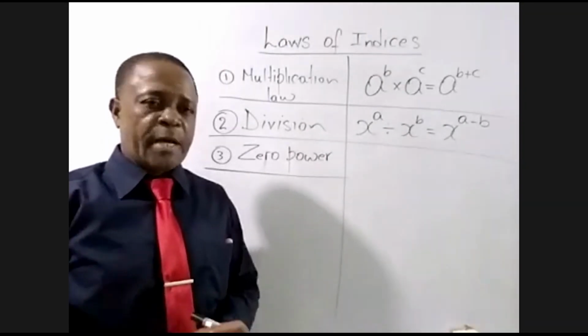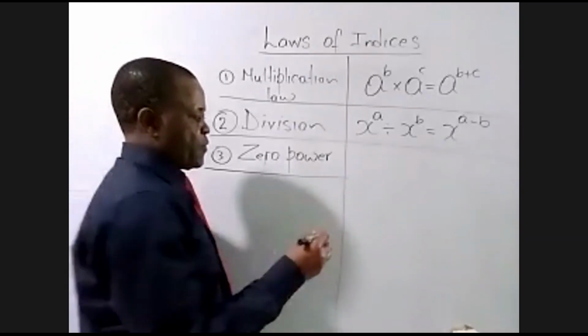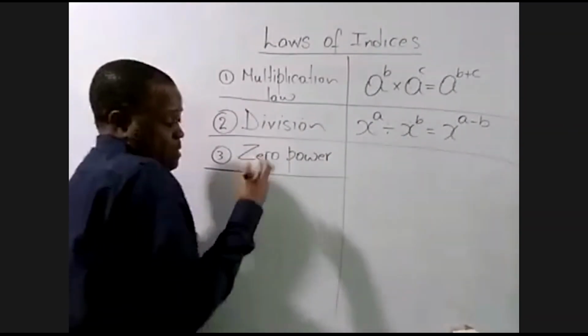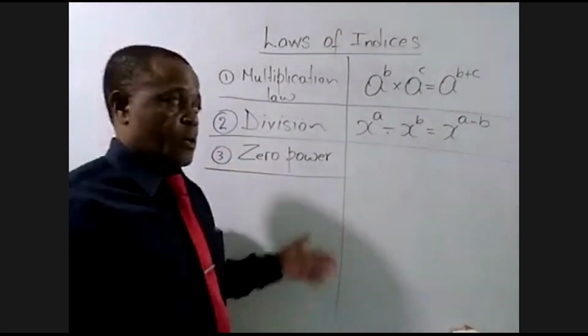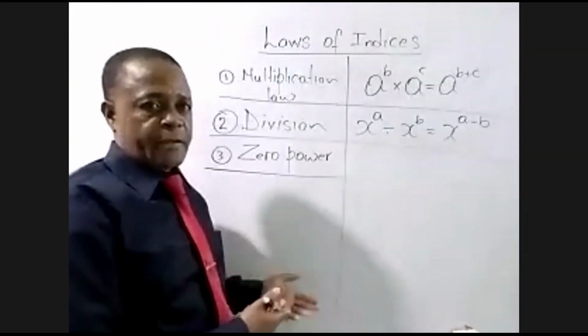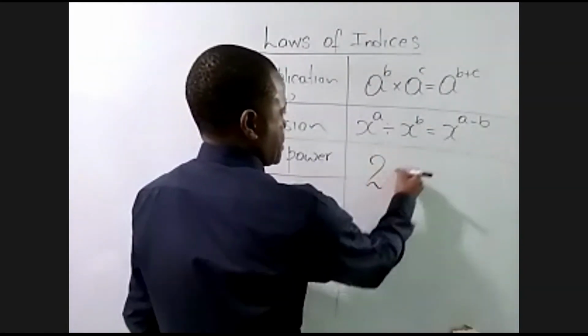But the question is, why is that so? All right. Now, let us prove this 0 power here. If you have heard it before, fine, we're going to prove it. If you didn't see anything like this in your math class, then you're going to learn it for the first time.